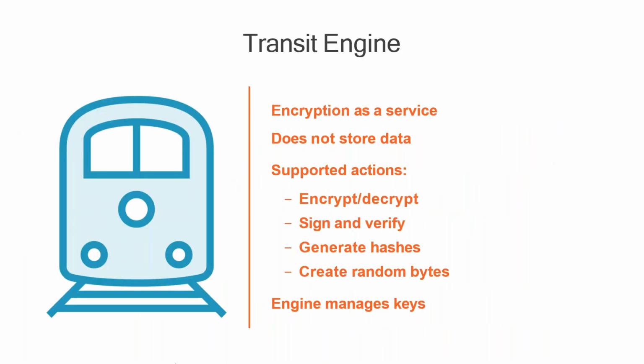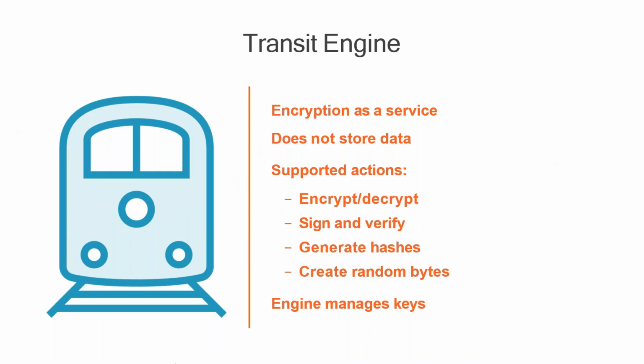There is one more secret engine called Transit, which offers encryption as a service. It does not store the data, but it encrypts and decrypts. Sometimes you want to first encrypt and then store, or decrypt and then store; then you can use this one.